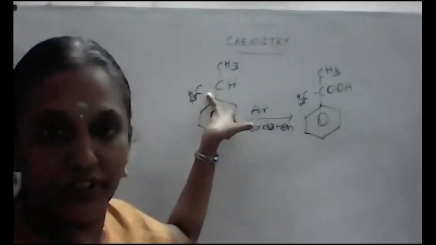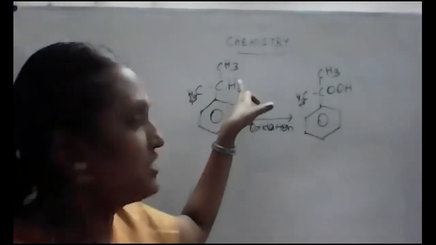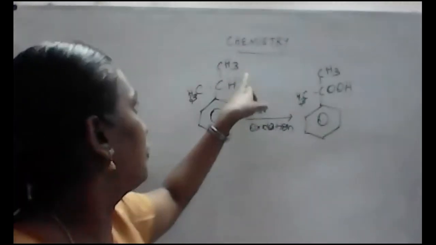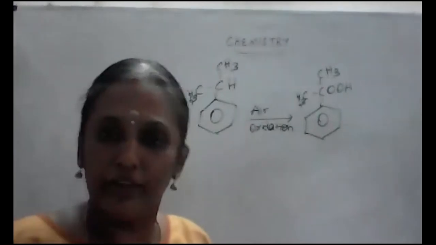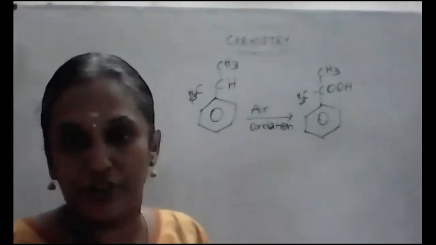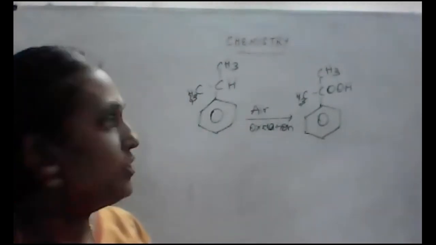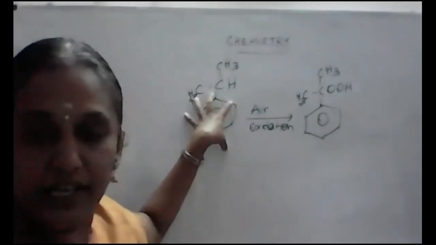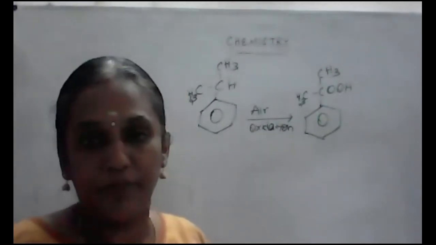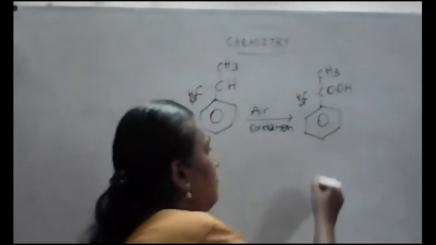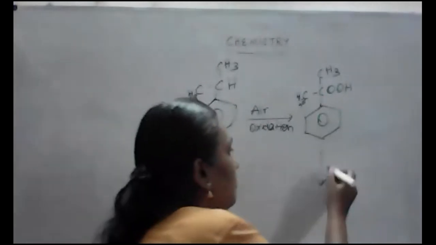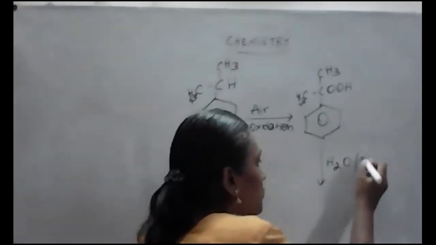This is the compound. Actually, in the last reaction we had CH3 over here, but just to make the reaction, I have taken the methyl group to the top. Anyway, in both the reactions, the methyl group was attached to the same carbon, so it makes no difference. So when this isopropyl benzene undergoes air oxidation, we get cumene hydroperoxide. In the next step, we make this cumene hydroperoxide undergo acid hydrolysis.